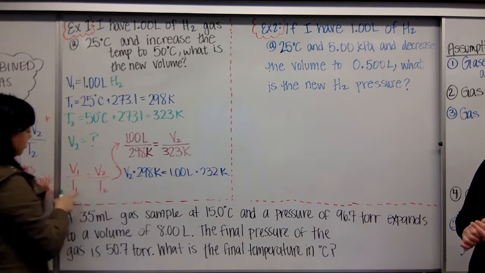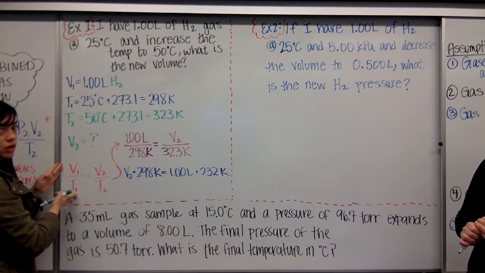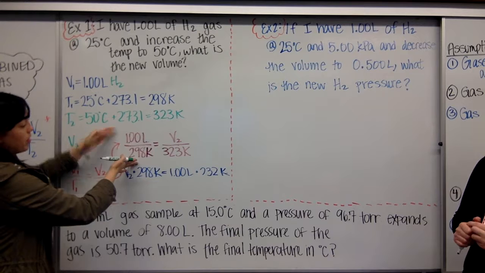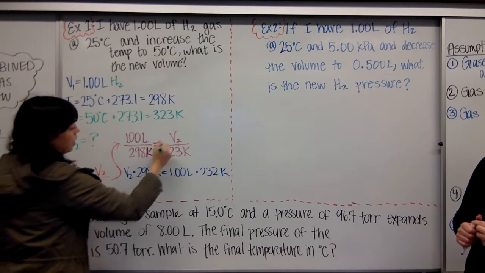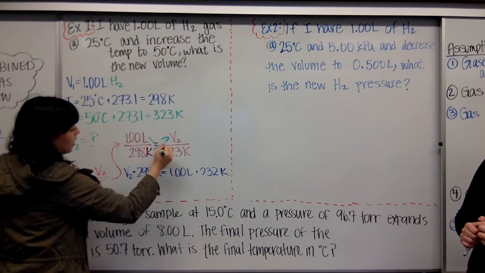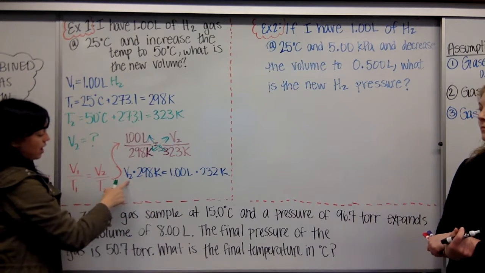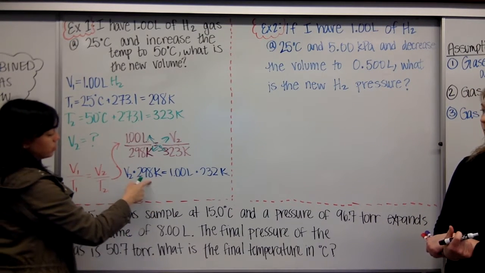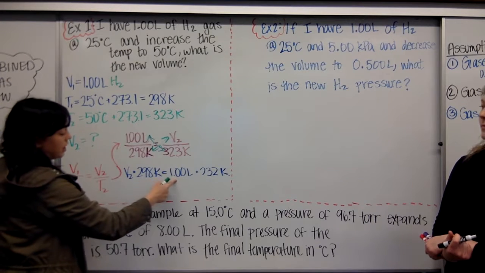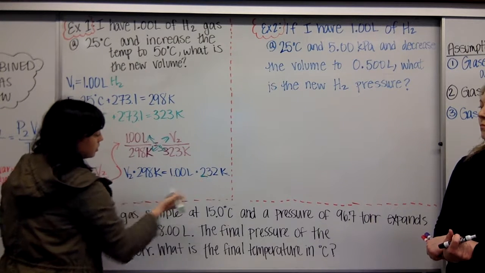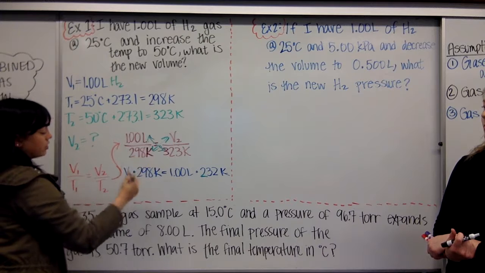So I write down my formula that I'm using, I plug in all my givens, and what I end up doing is I'm cross-multiplying here. So I end up with my final volume times 298 Kelvin equals my other two values.